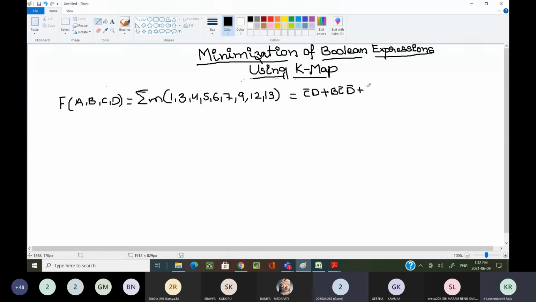A bar C D. Okay, A bar C D plus A bar B C. The final solution has 4 terms.